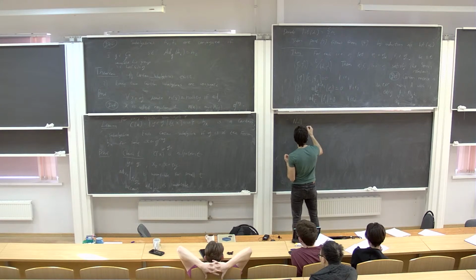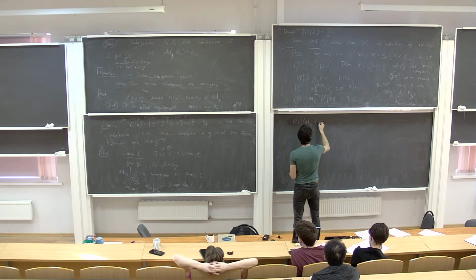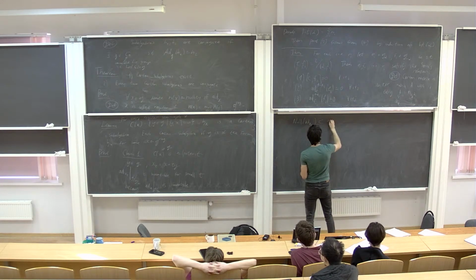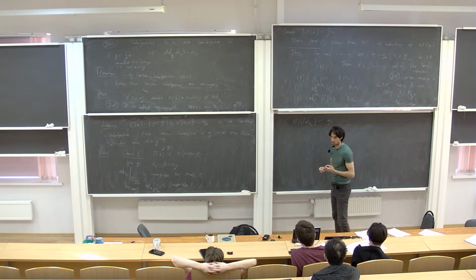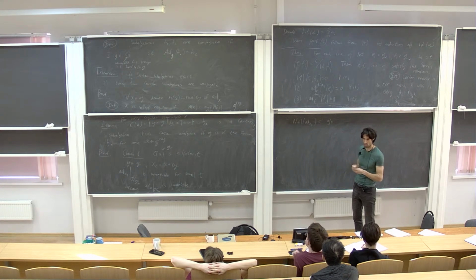So therefore, it means that the null space of ad xt is inside G0. So the generalized eigenspace corresponding to eigenvalue 0 is all in G0.